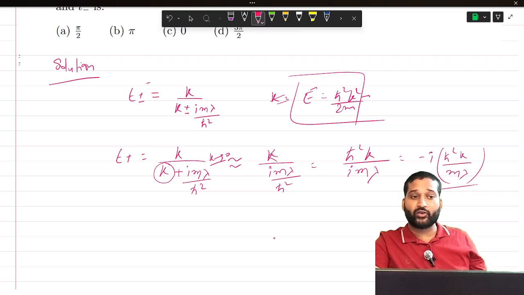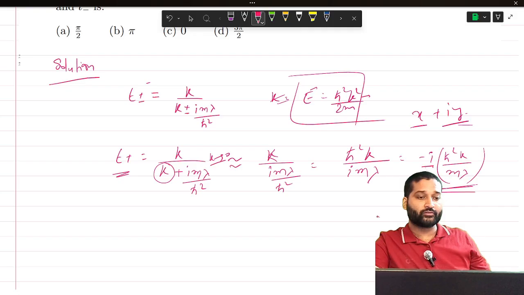So we can find the argument for this transmission amplitude. This is a complex number, x plus i y, so the argument will be tan inverse y by x.